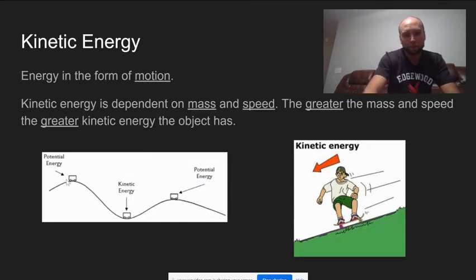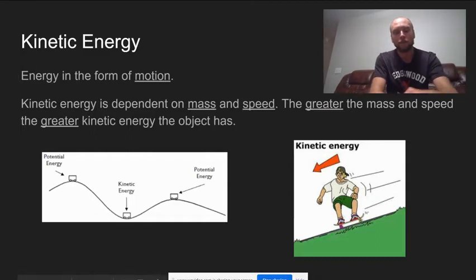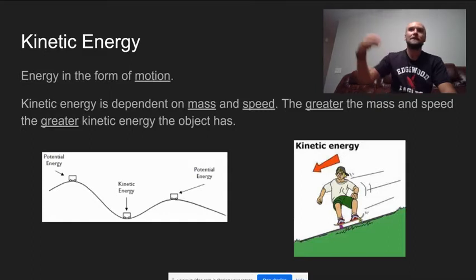So let's say that this roller coaster, if I were to add on another car and increase its mass, how much stuff makes it up, it would have more energy as it heads down this hill. You could also think about it as who has more energy, or what has more energy: a little mini car going down the hill, or a motorcycle, or a giant semi.